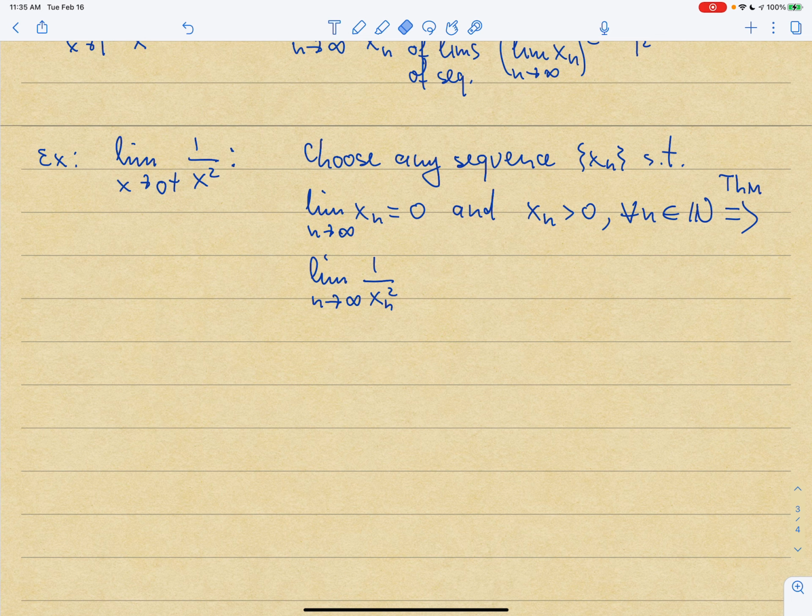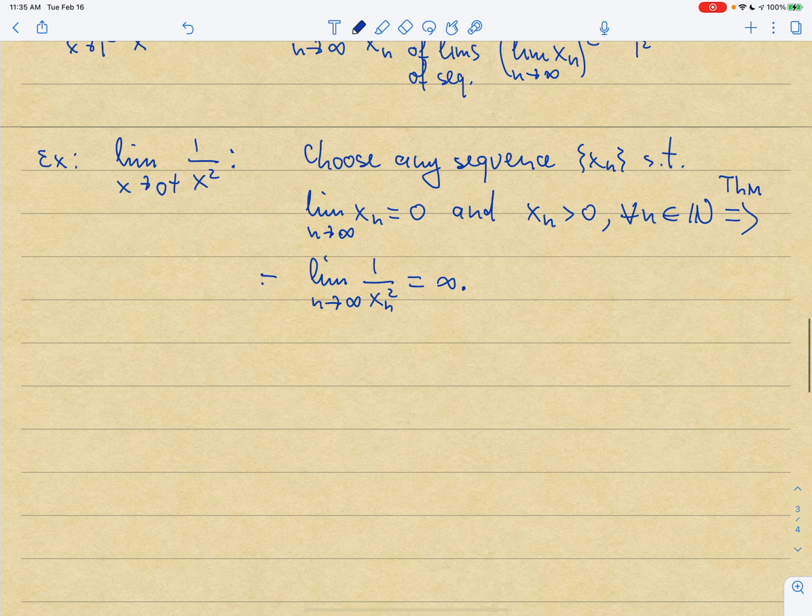So in this case, I have a sequence of positive numbers that goes to 0. So the limit of 1 over that sequence must be infinity. By that theorem, I don't remember the name, you should be able to find it. The limit of a positive sequence being 0 means that the limit of 1 over that sequence is going to be infinity. And so this is true for any sequence xn that satisfies our conditions, that it goes to 0 and remains positive.